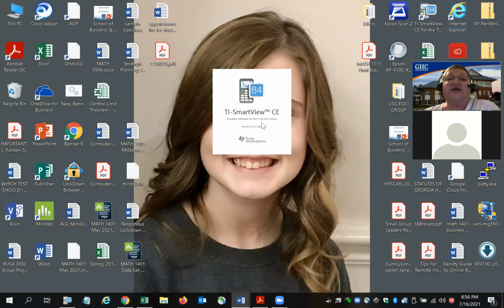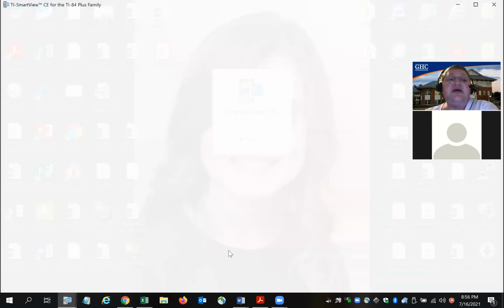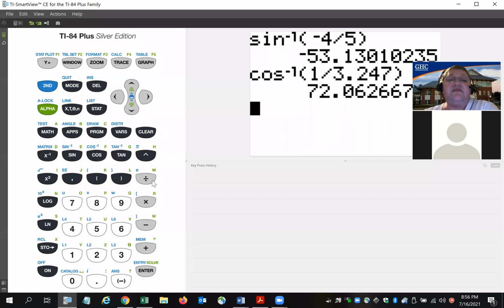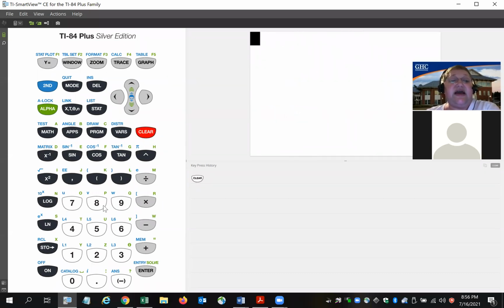Is my calculator going to come up? It's thinking about it really hard. Okay, so if I'm doing this on my calculator, again, the easiest way would be to do 81 raised to the 1/4 power, get out of the exponent, and hit enter.